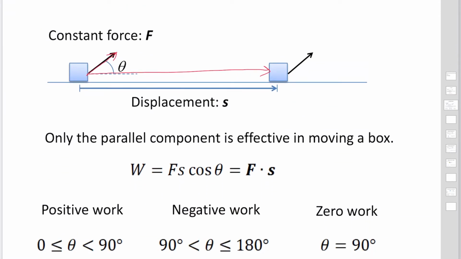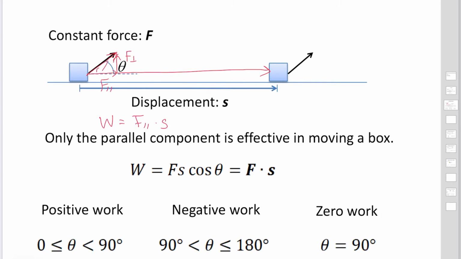We can decompose the force into two directions: the parallel component, F parallel, and the perpendicular component, F sub perpendicular. F parallel is the important quantity to describe work. So work can be expressed as F parallel times S, the magnitude of the displacement vector.